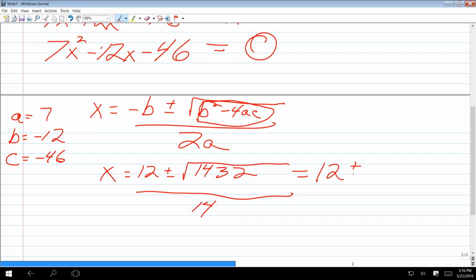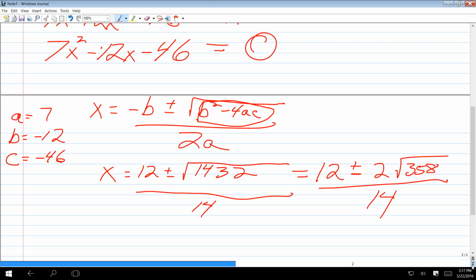Do you have an Inspire? No, I don't. Well, they're nice. When I put in root 1432, it gave me back 2 root 358, which means that cannot be simplified any further. Now, how do you simplify that? There's one last simplification I can do.